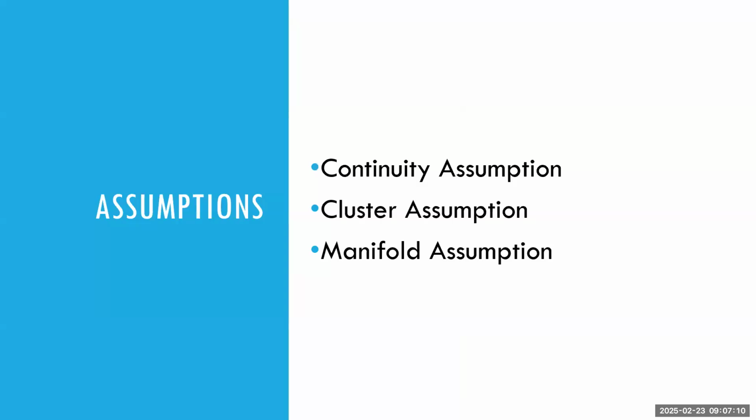So we need to make some assumptions to make the learning process easier, and we have these three assumptions. Most of the time, you should check these assumptions before applying semi-supervised learning.